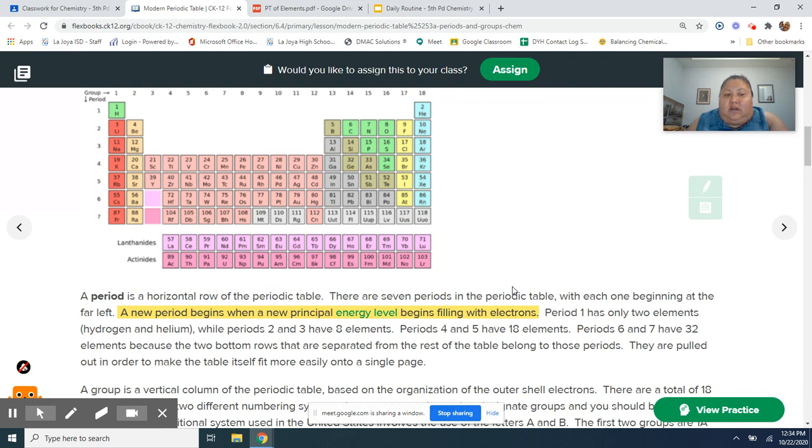All right, now let's talk about a period. A period on the periodic table runs 1 through 7 and they go across, right? There are 7 rows or 7 periods on the periodic table. Each new period begins with a new principal energy level where electrons get filled.